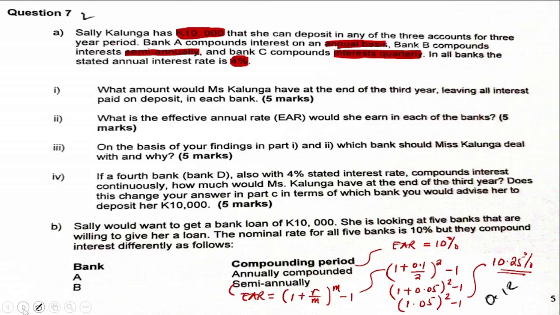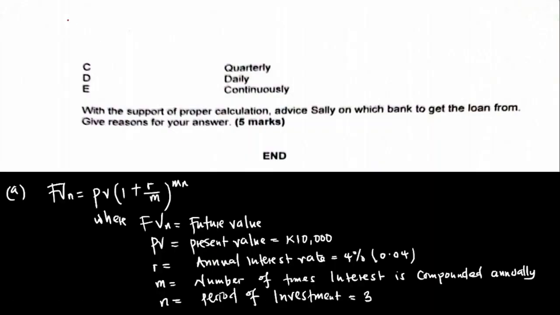Okay, you can go on and look at Bank C, which is quarterly. The formula is still the same. Here it will be 1 plus 0.1 divided by 4, to the power 4, minus 1.